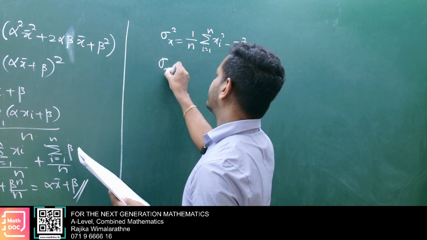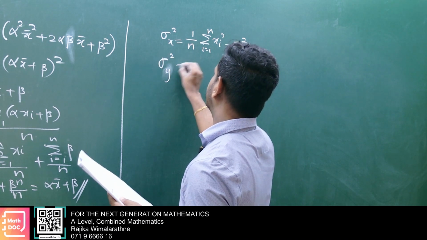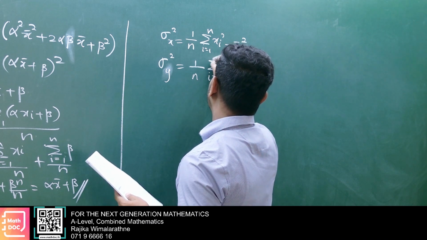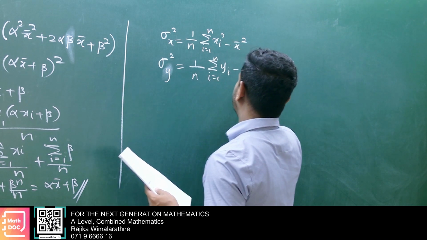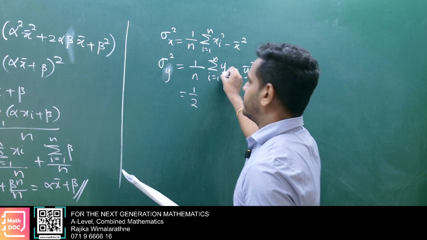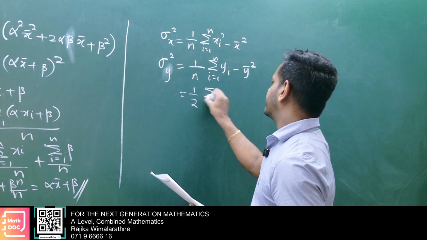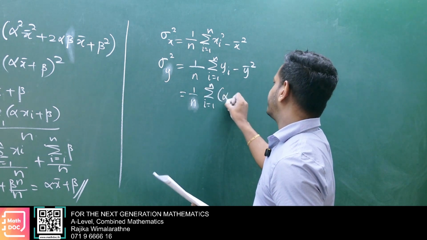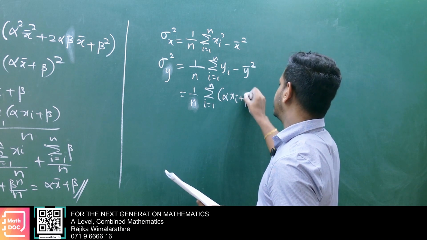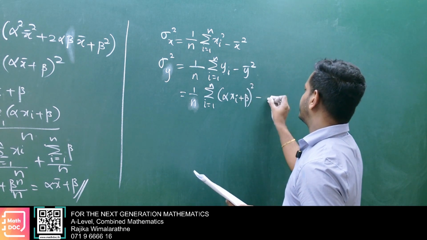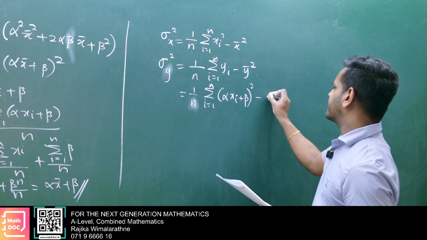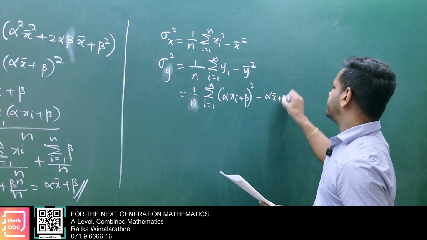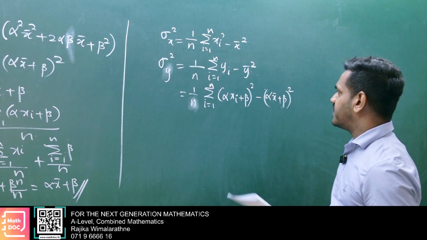Therefore, sigma y squared is 1 over n times the sum, i = 1 to n, of (yi minus y bar) squared. Here yi is alpha xi plus beta, and y bar is alpha x bar plus beta, squared.